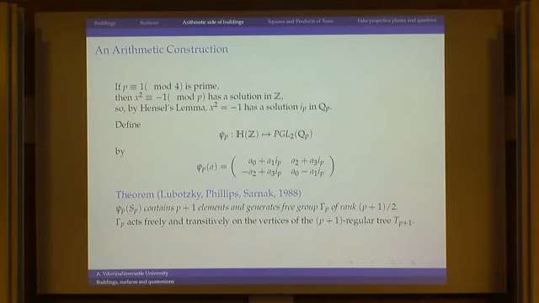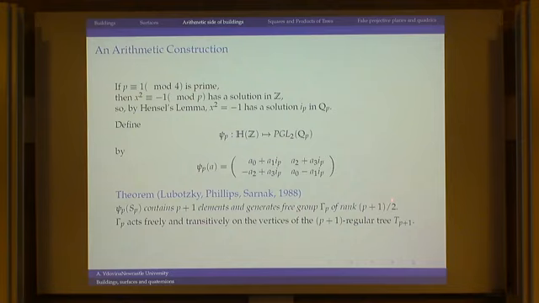This was an ingenious application of very classical facts by Lubotzky, Phillips and Sarnak when they constructed Ramanujan graphs. Again, I will not talk about Ramanujan graphs. What I'm interested in is that the set of images of the map I just described contains p plus 1 elements, and they generate a free group of rank (p plus 1) divided by 2.